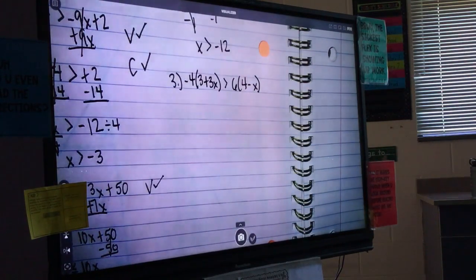So what do I do? I meant x is greater than 6. Negative x is greater than or less than negative 6, which is less than x.